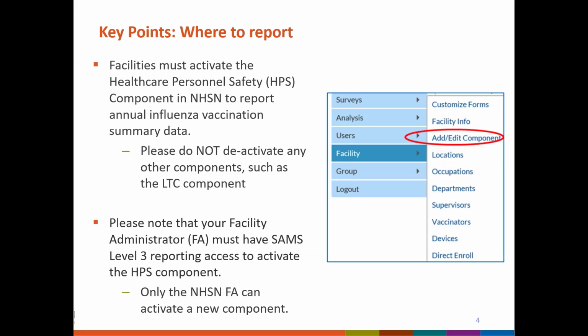Only the NHSN facility administrator can activate a new component. Before a new component can be added, users and facility administrators must upgrade to level 3 if this has not already been completed. We'll review the steps for this upgrade later in the presentation.